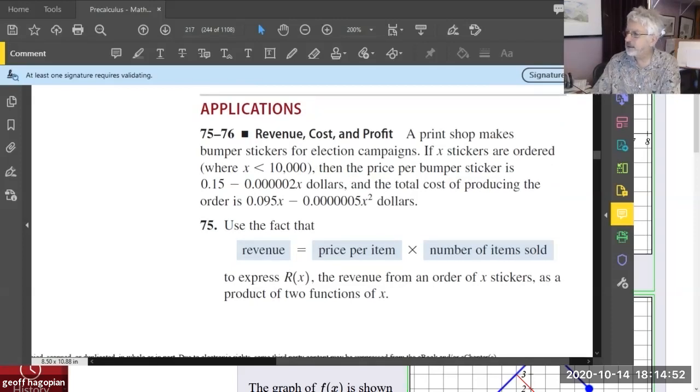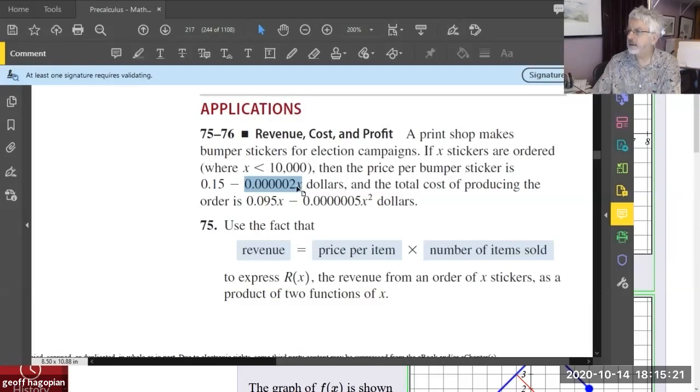Yes. A print shop makes bumper stickers for election campaigns. If x stickers are ordered, here x can't be 10,000 or more, then the price per bumper sticker is 15 cents, right? That's what this represents. And then take away this tiny fraction of x dollars.